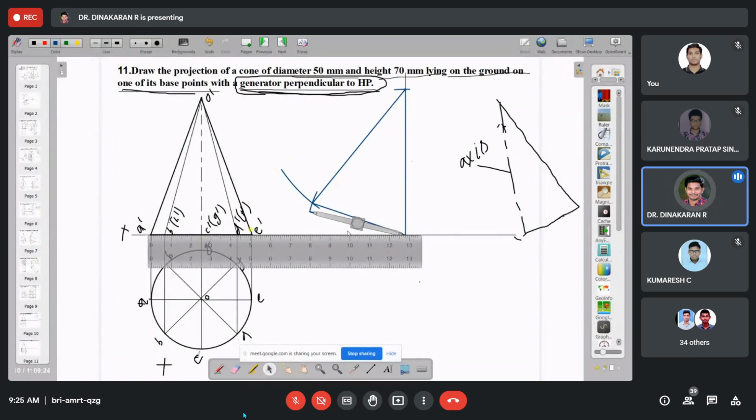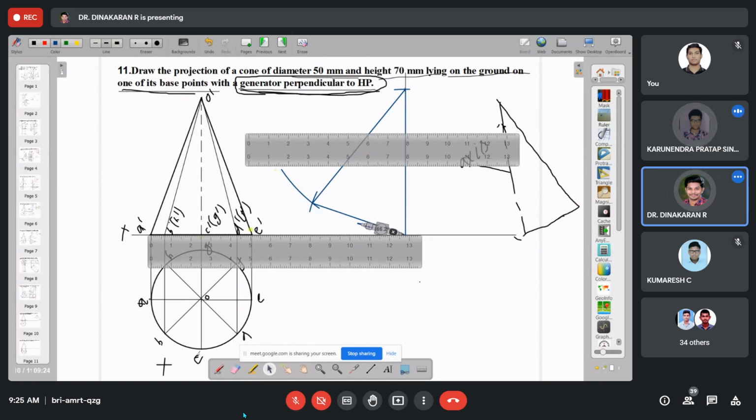Tell me the size. So the axis point is 25. Directly I will take 7 mm. I got the axis point.